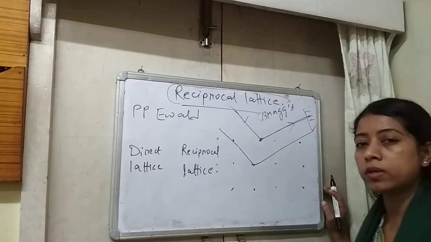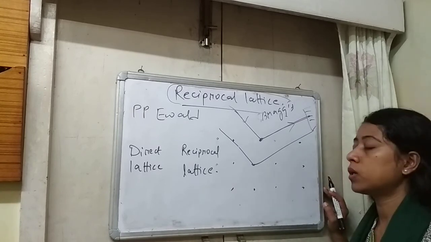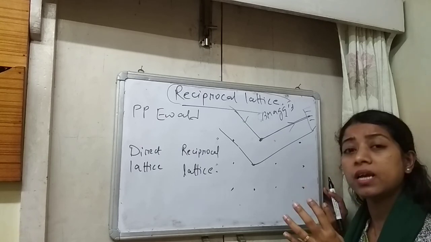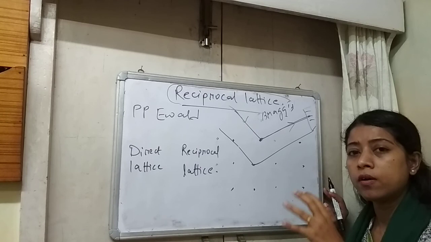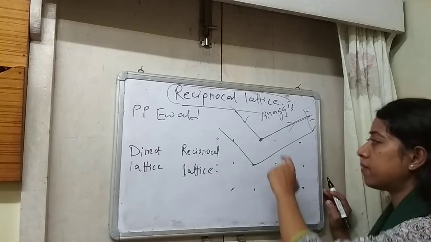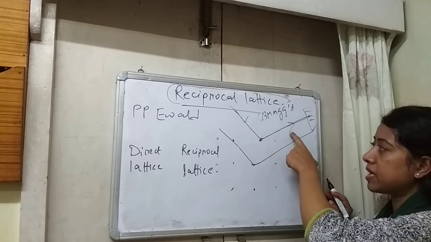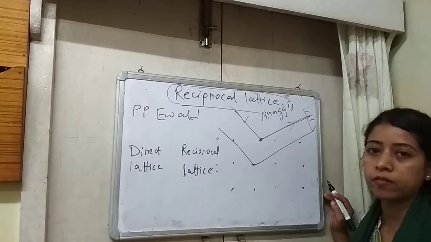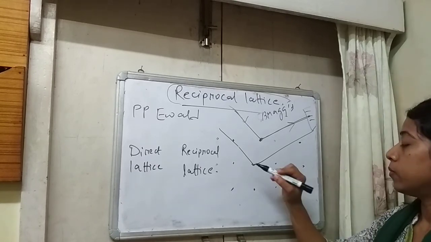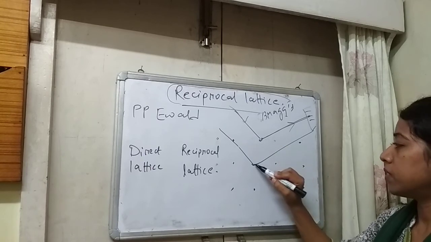When the photographic plate was studied, what did we find? We found the crystal structure, the internal structure of the crystal. From the information we receive from the photographic plate, what information do we get? We get the orientation of the lattice points.